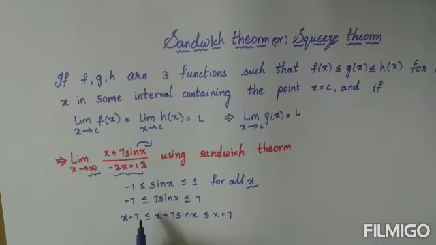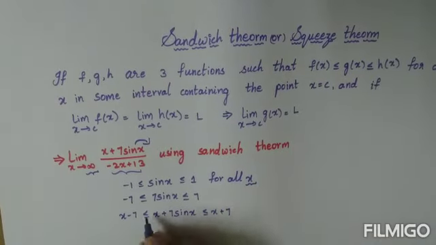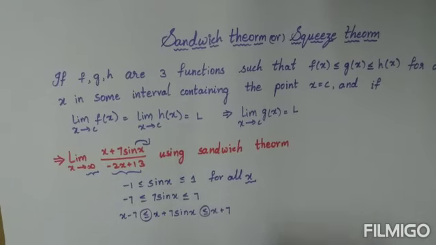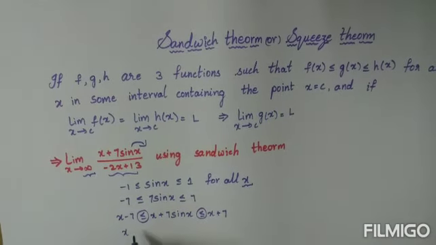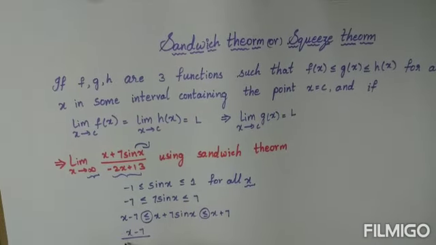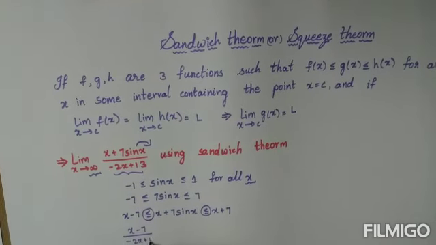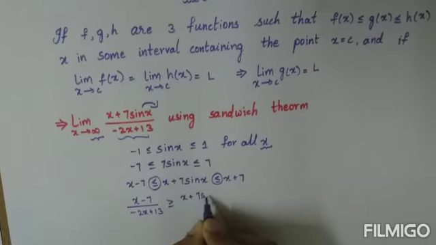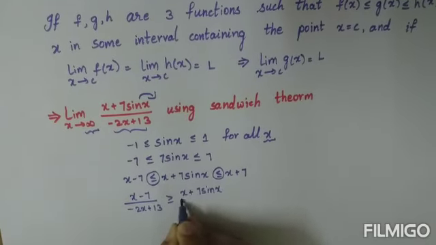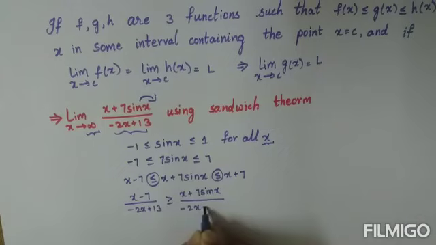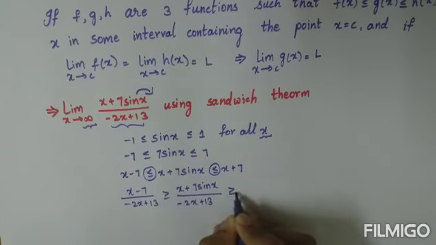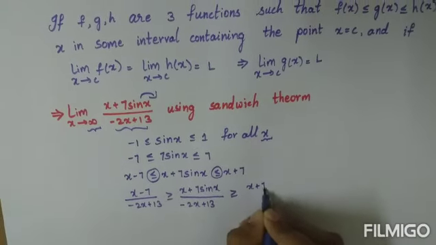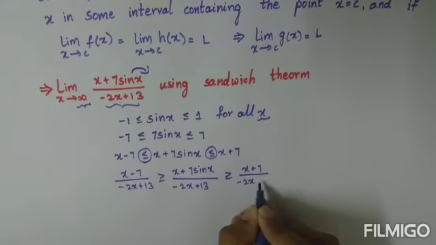While dividing, we have to remember that the inequality signs must be reversed. So (x minus 7) by (minus 2x plus 13) is greater than or equal to (x plus 7 sin x) by (minus 2x plus 13), which is greater than or equal to (x plus 7) by (minus 2x plus 13).